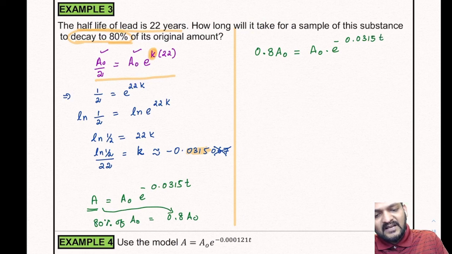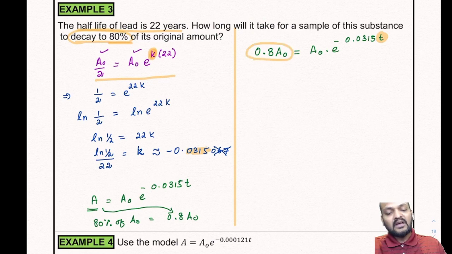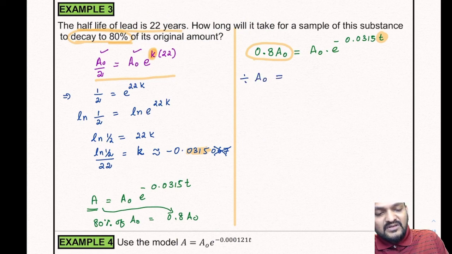We are looking for the time t, so that the amount has decayed to 80%. How do we do that? Same as we did earlier. I'm going to divide both sides of the equation by A sub 0. When I do that, the equation turns into 0.8 on one side, and the other side is e to the negative 0.0315t.